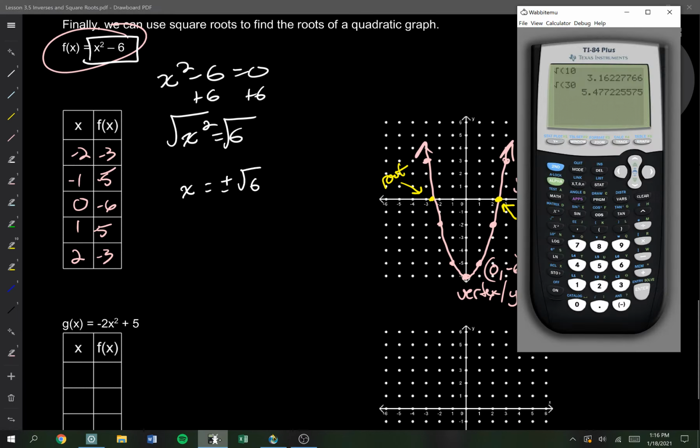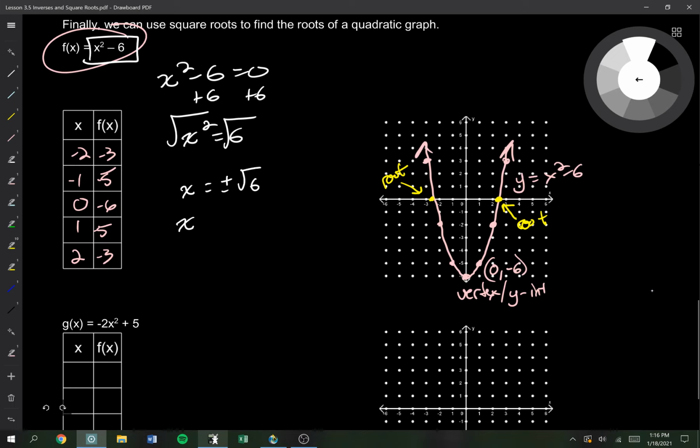If I want to calculate that decimal, I'll do that correctly somehow. The square root of 6 is going to be pretty close to 2, I think. Almost 2.5, 2.45. The roots are just about plus or minus 2.45. So one of my roots is at 2.45.